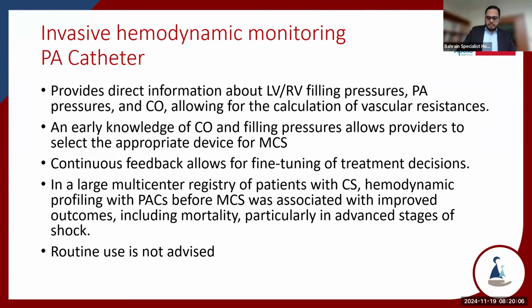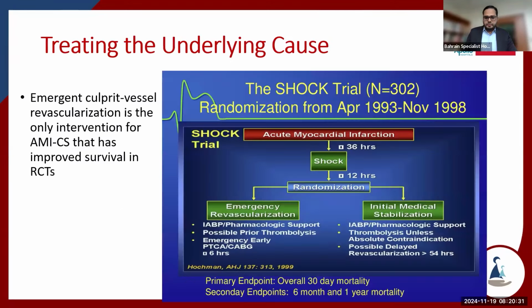And then the large trial data did not show any benefit of PA catheters in the overall subset of patients having cardiogenic shock. But there was a registry wherein, exclusively in patients with MI-associated cardiogenic shock, hemodynamic profiling with pulmonary artery catheter was associated with improved outcomes, including mortality. However, routine use is not advised in these patients.